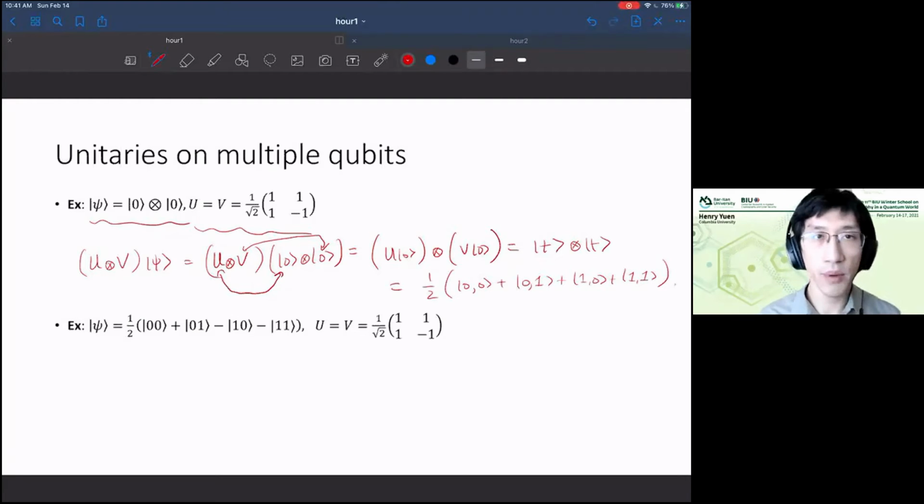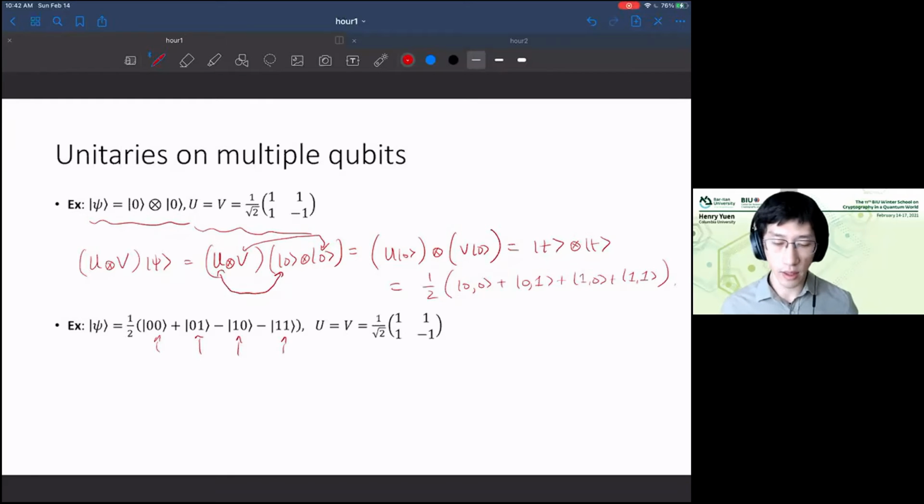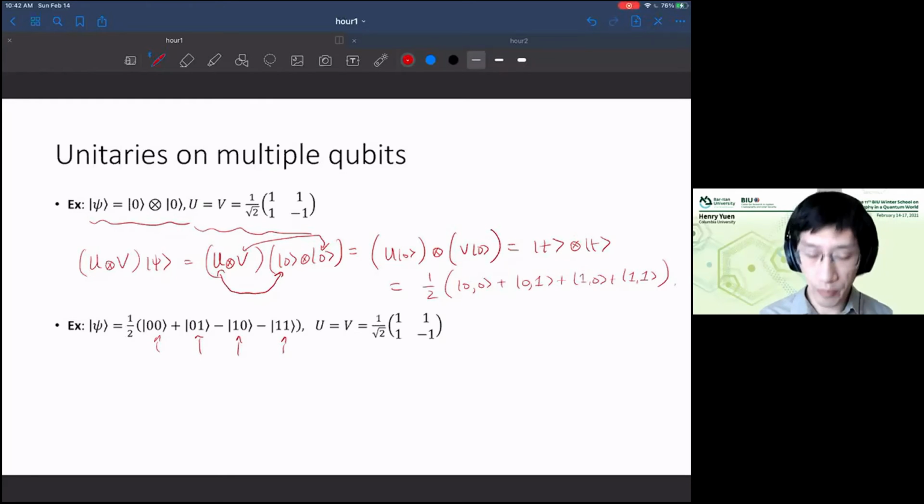In the second example, you can do it a couple different ways. One way is you can just go term by term and apply U tensor V to each of these 4 terms. That would be kind of a long way of computing it. A faster way is to first realize that this state psi can be factored into a tensor product state.